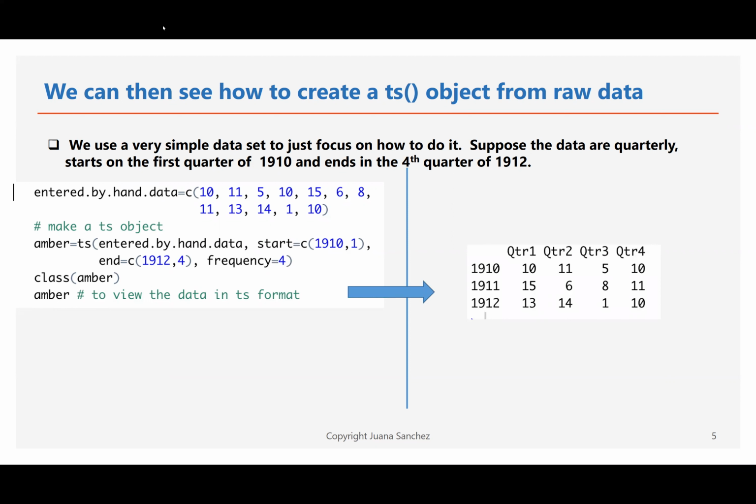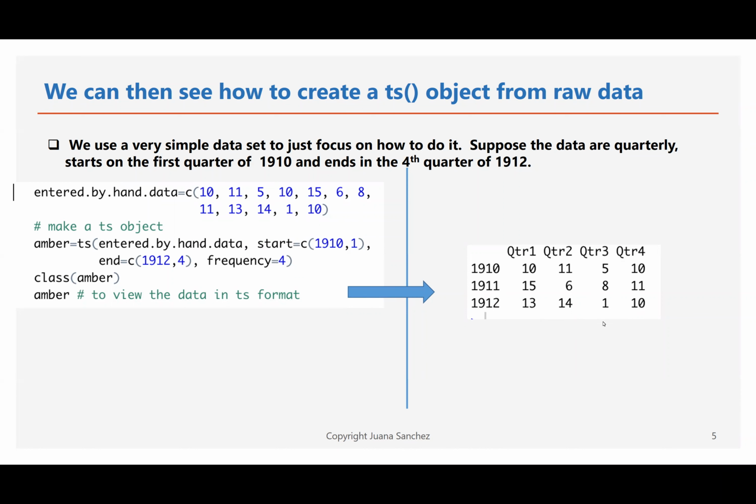As you can see, R has converted the data that we entered by hand, which of course, when you are analyzing data, you will probably import from some source. But this example shows that R converts the data that we enter into a format that is understood by R as a TS object, and a format, therefore, for which we will be able to use all the functions that base R has embedded for the TS objects.